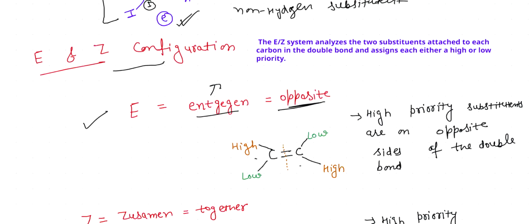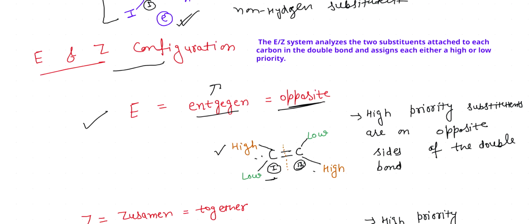This is carbon number 1, carbon number 2. Carbon number 1 is on the left side. So you have to rank the groups on the basis of their priorities. If the high priority groups are on opposite sides, then it will be designated as E configuration.